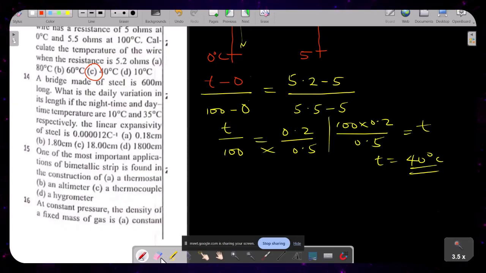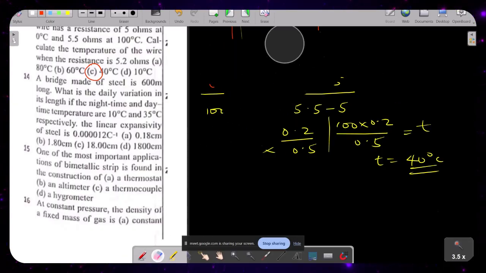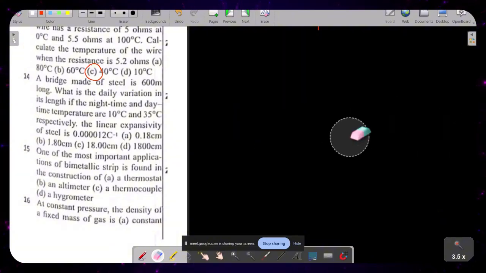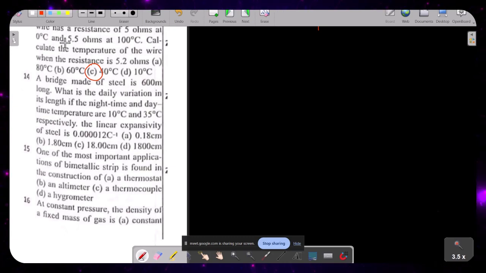So let's look at question number 14. It says a bridge made of steel is 600 meters long. Now what is the daily variation in its length?